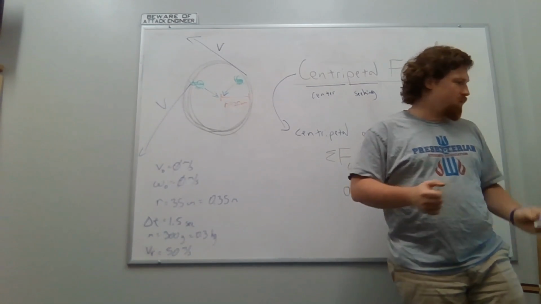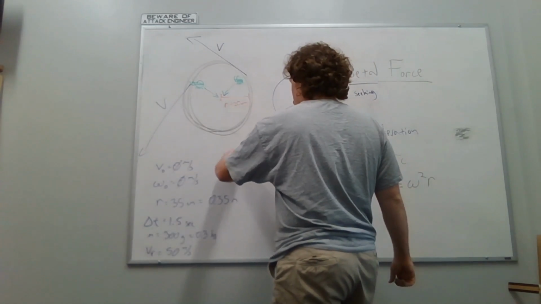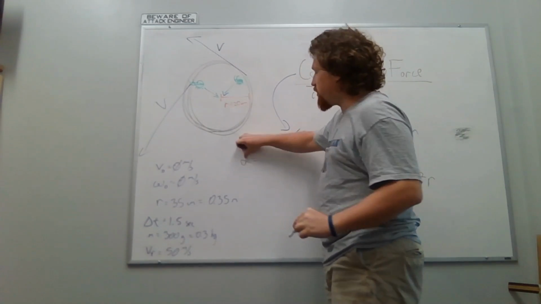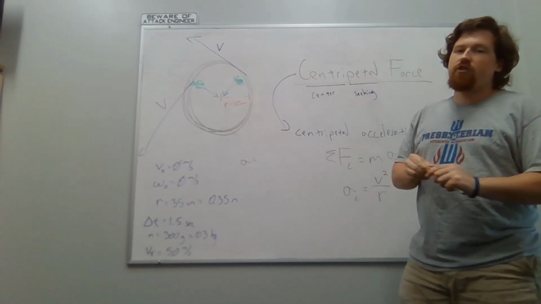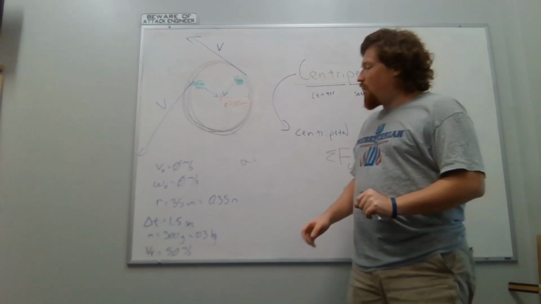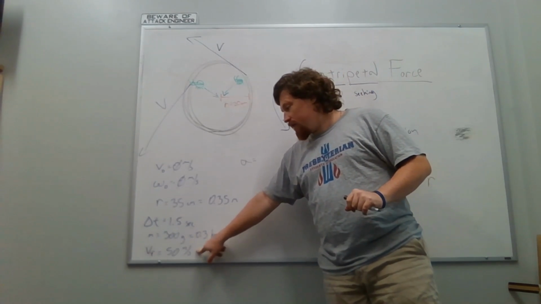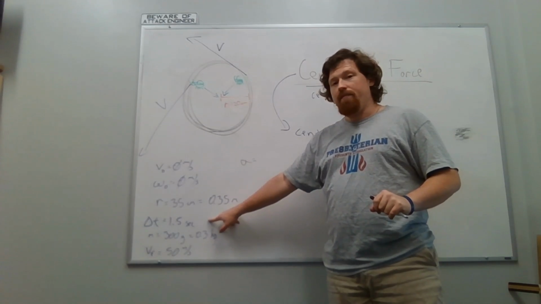Well, what is the linear tangential acceleration of the stone during this amount of time? What we want is linear acceleration. That's just A. Acceleration is defined as the change in velocity over time. We know the final linear velocity, the initial linear velocity, and the time.